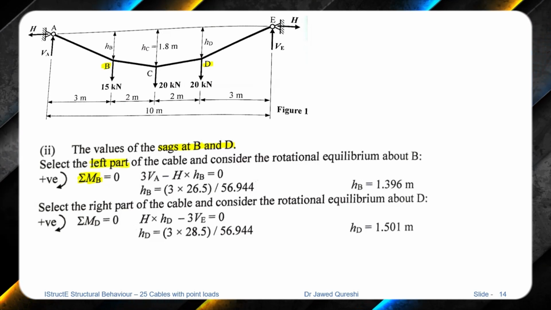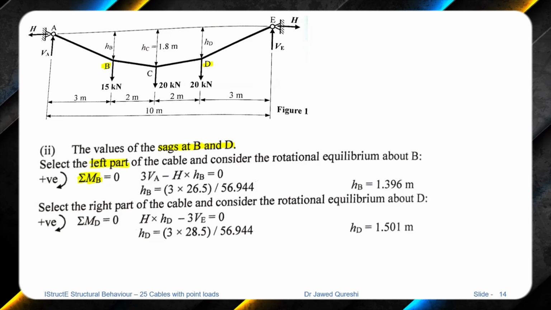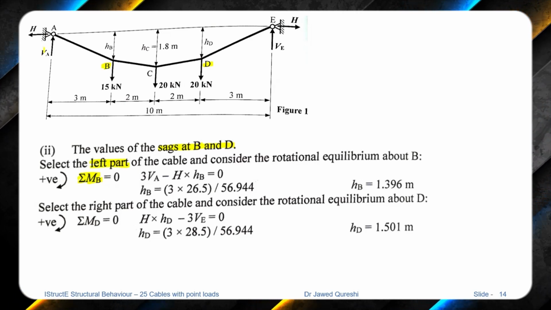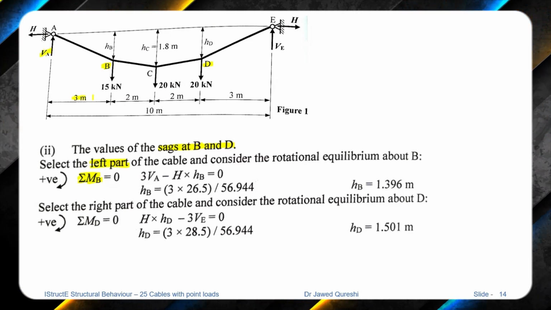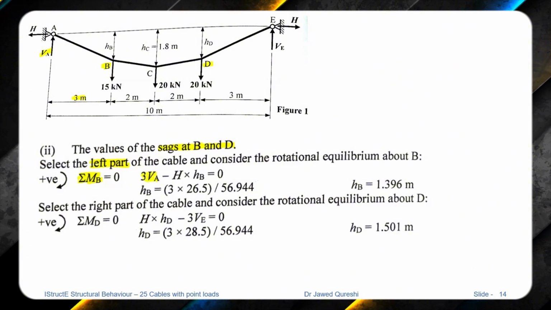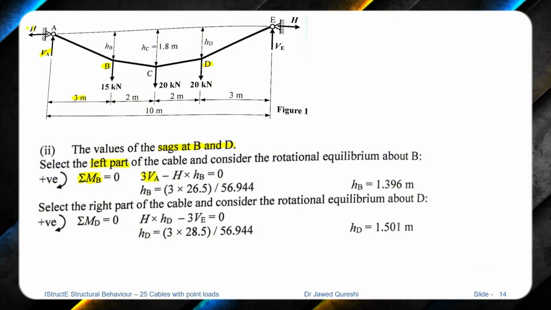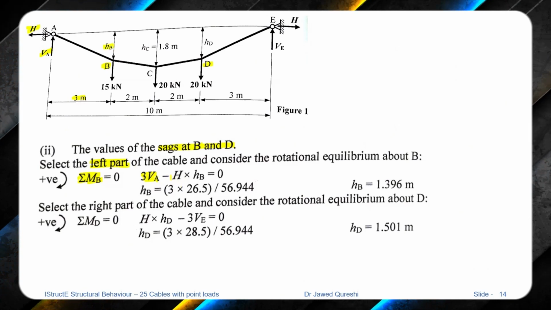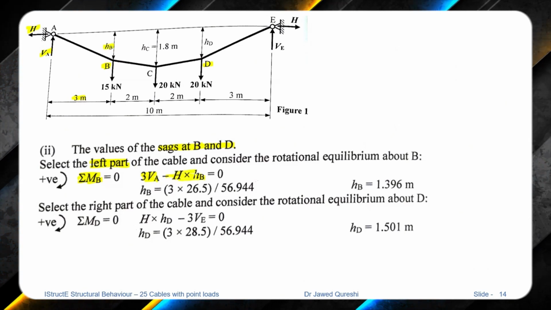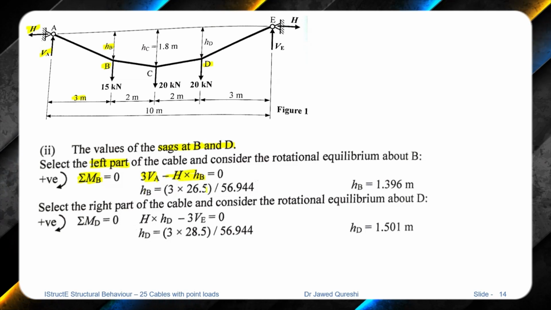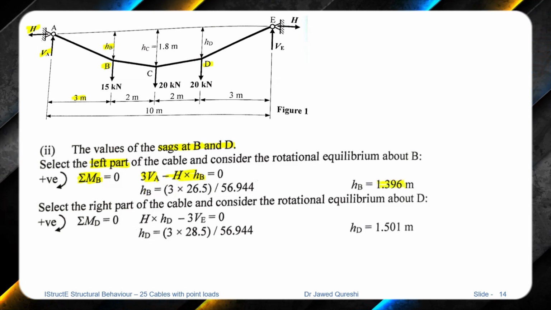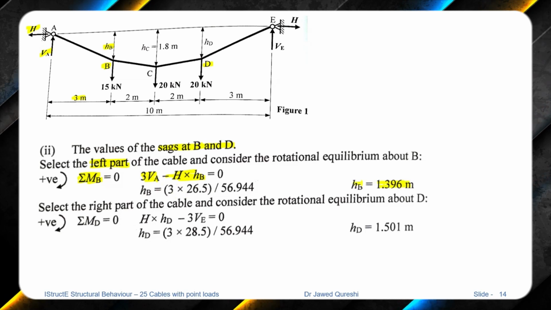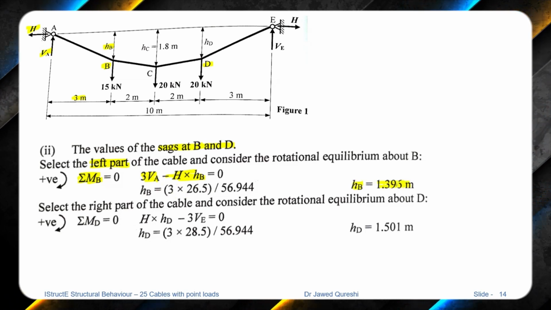So that's the reason at any part the moment is going to be 0. So VA has a lever arm of 3, so that's why it's 3 VA, and H has a lever arm of HB and it is an anti-clockwise moment, and from here we can determine the value of HB, that is the sag or dip at B, as 1.396.